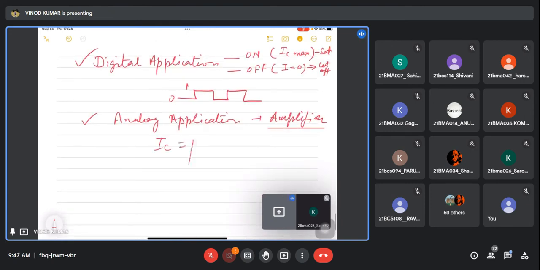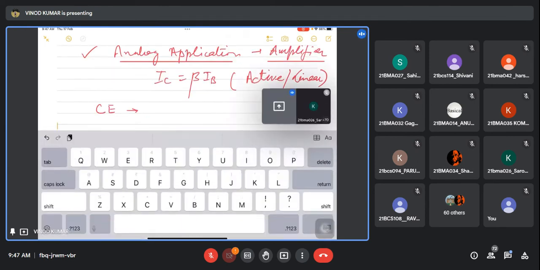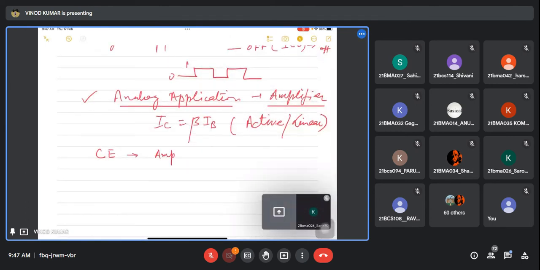IC is equal to beta IB, and that is in the active region. We say it is the active or linear region, so we can use it as an amplifier. That's why the common emitter configuration of the transistor is used for amplifiers, and it can also be used for digital applications.